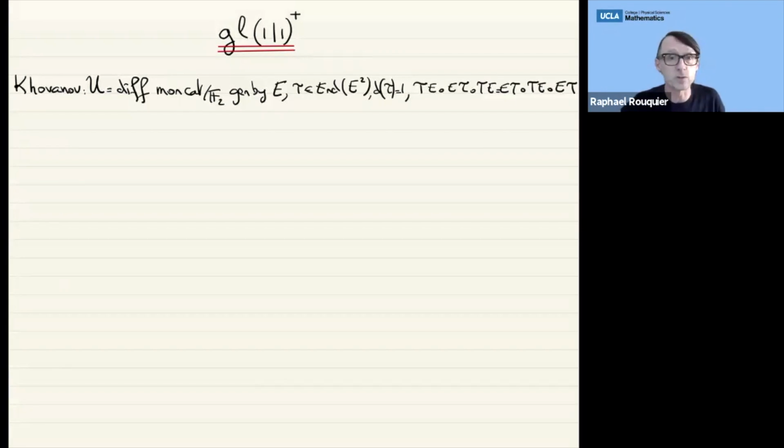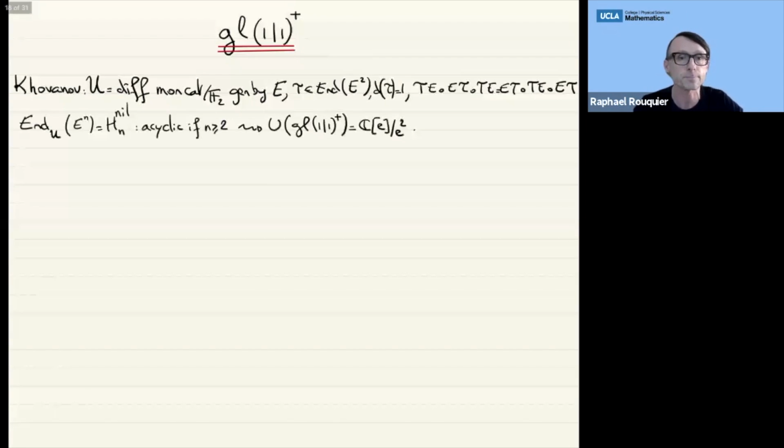And Khovanov proposed a while ago, inspired actually by Hegar's theory, a categorical version of that. So you take a monoidal category generated by one object E, and one endomorphism tau of E squared, which satisfies the braid relation. It's a differential category. Differential of tau is 1.